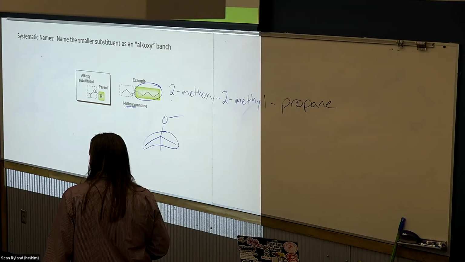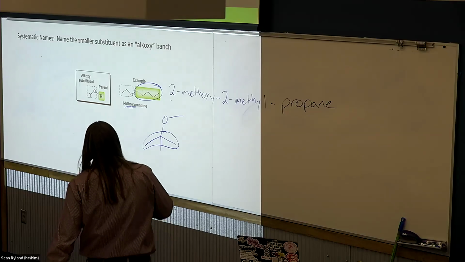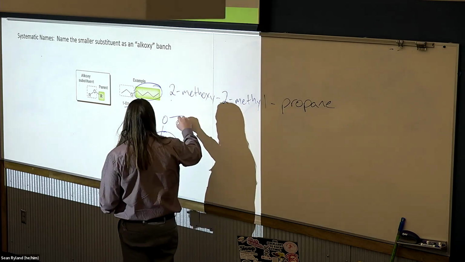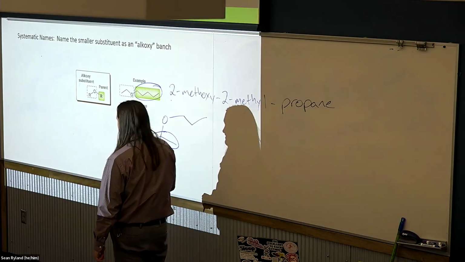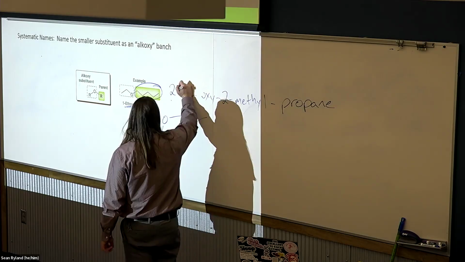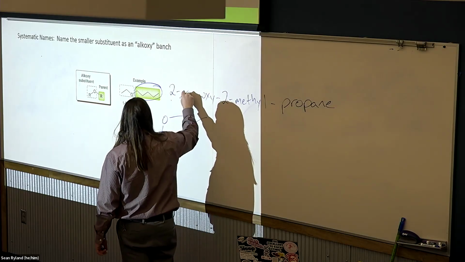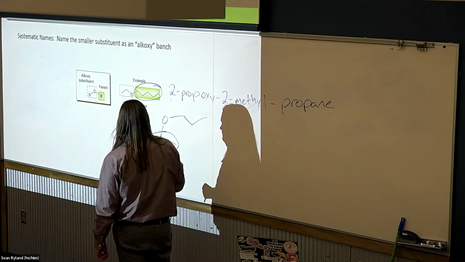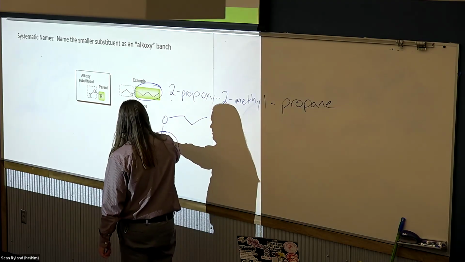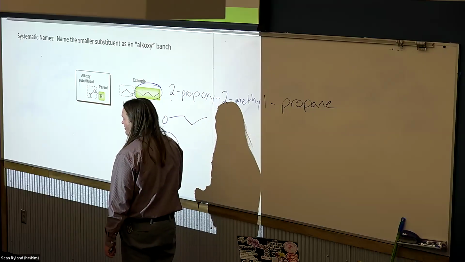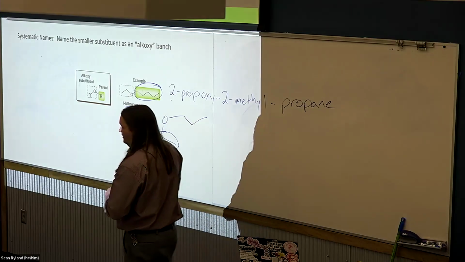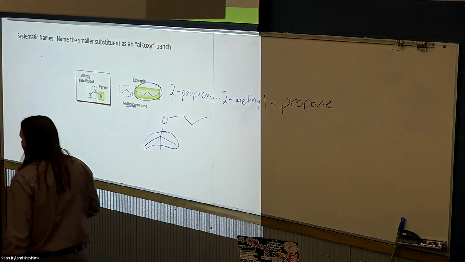If there was more, if we did that instead, everything else would be the same, we would just name it propoxy. But why is it a 2 if it's on the other side of the oxygen? It's on 2 because the oxygen's attached to carbon 2 of our parent molecule. Just like 2-methyl, that's just our way to say where it is.